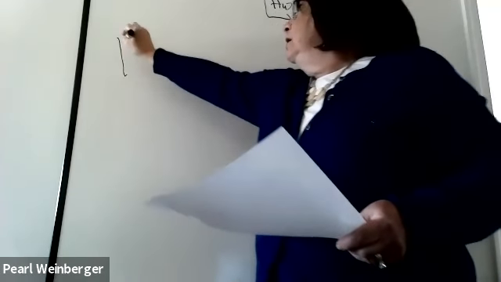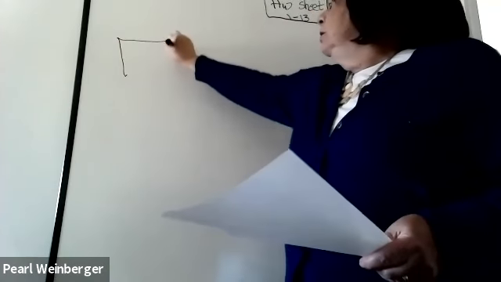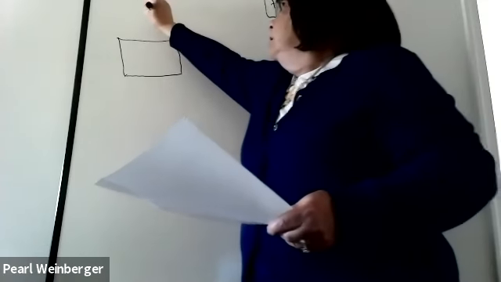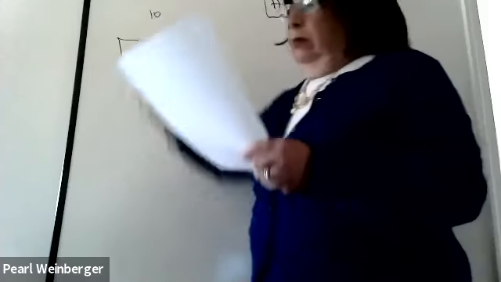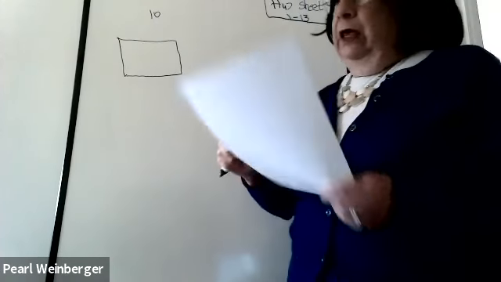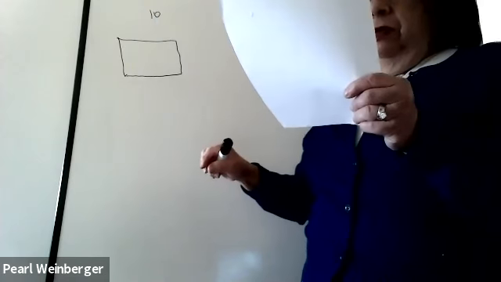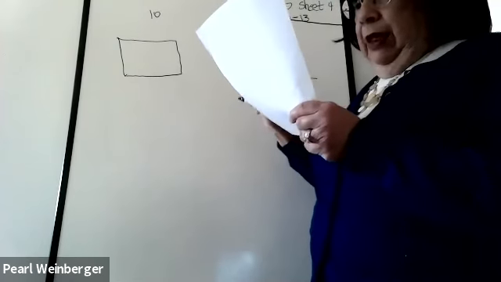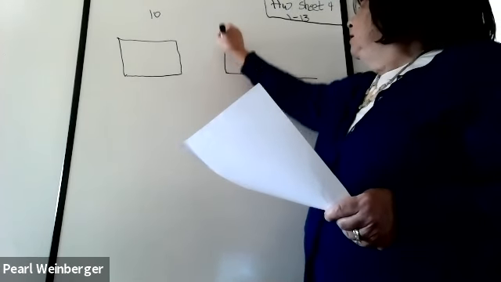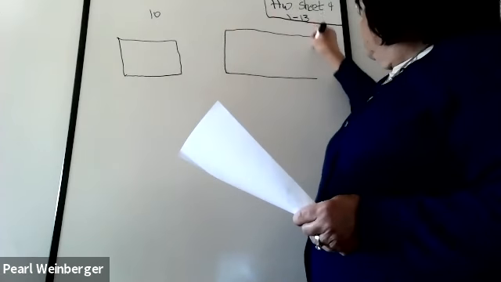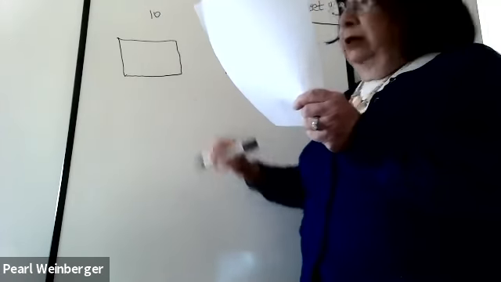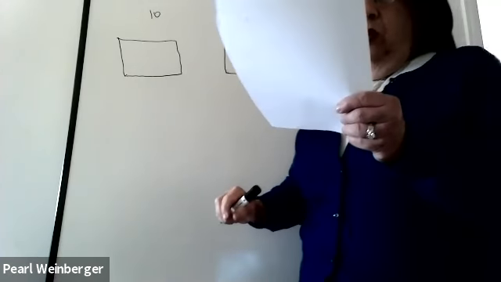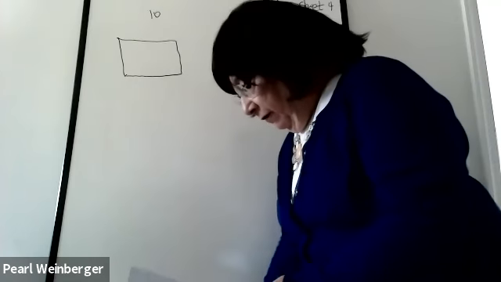Okay, so here's my rectangle. Let's draw a picture. Its perimeter is 10. If the length was doubled, and the width is increased by 10, the perimeter is 36. What are the length and width of the rectangle?